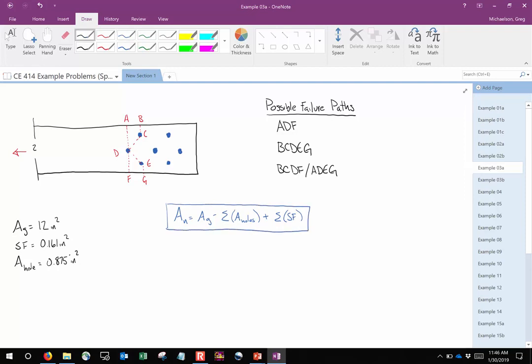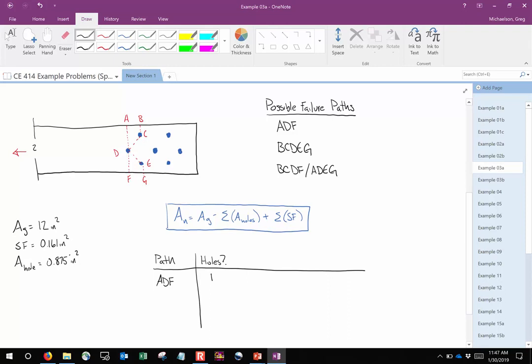So here's what I'm getting at. I'm going to draw a little table down here. So let's take the first path, A, D, F. How many holes are going through path ADF? How many bolt holes? 1.